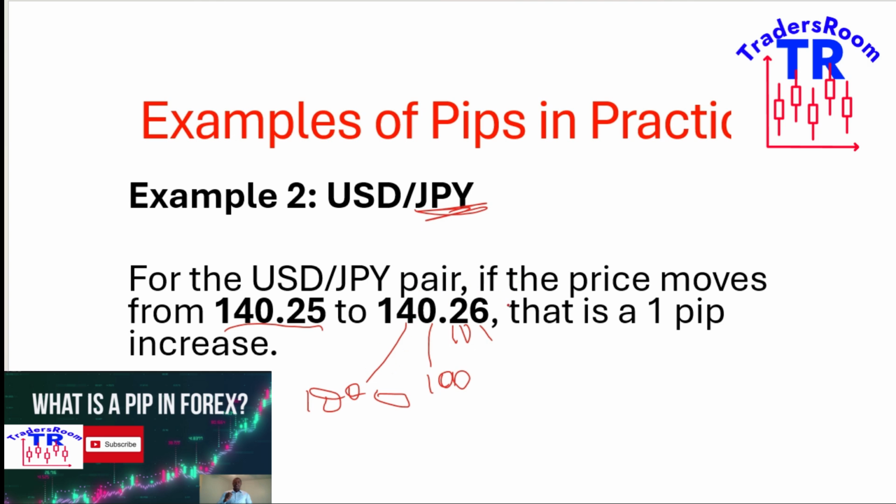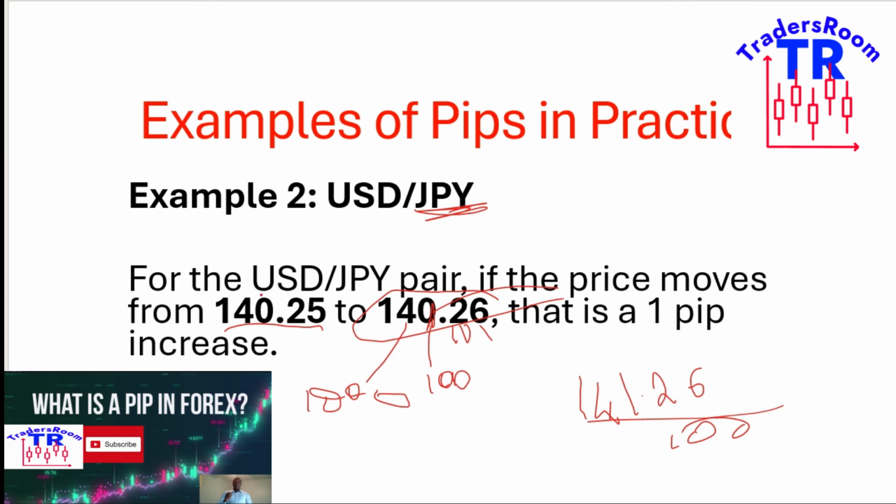So let's say, for example, this number we have here increases to 141.26. How many pips does this number increase to? Remember, we said this is 100. So since this number changed to 1, it means that it has increased to 100. So that is how a pip increases or decreases in the market.